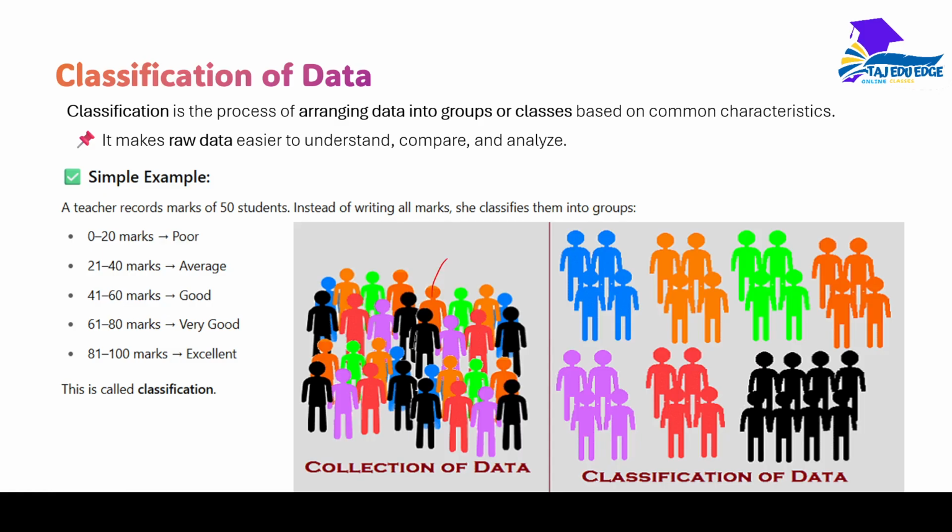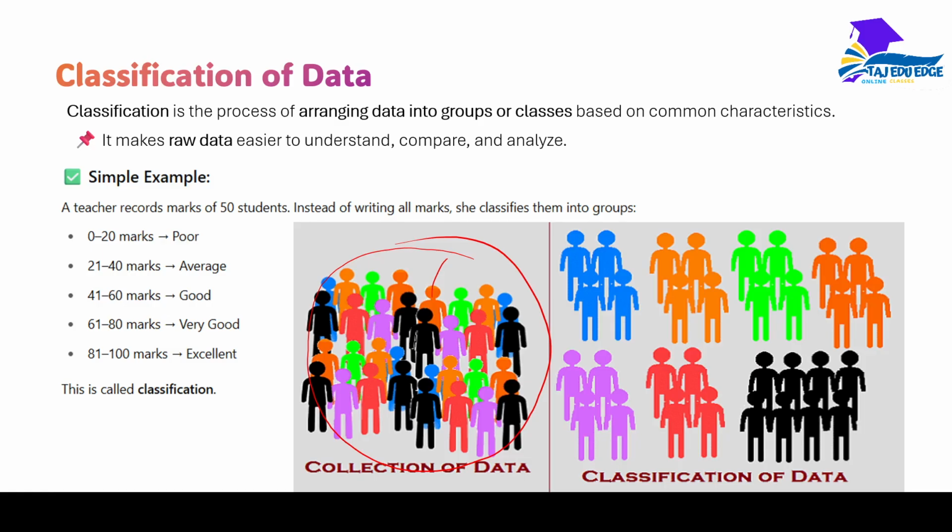There are orange, green, black, purple, blue, red, dark orange, something like that. There are 6 different colors. Now this is data, actually data which I have collected, but how can I use it? How can I use this data?